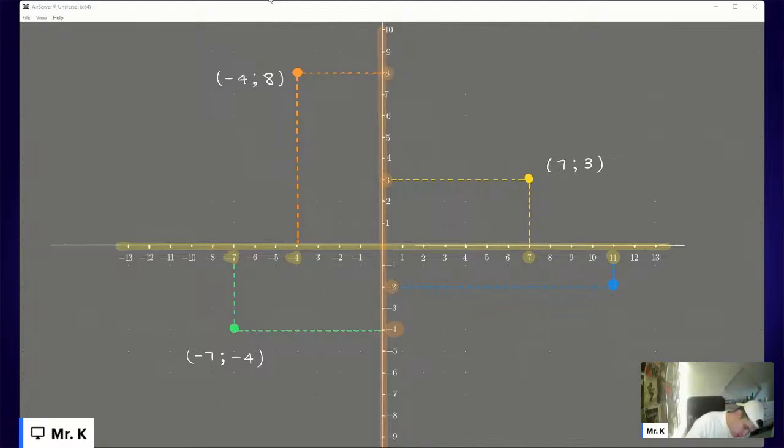So when we try and write the coordinate for this point, we can see that our x value over here, according to our x-axis, is positive 11. So you can just write the number 11 as is, followed by a semicolon. Our y value is -2 over here, right? So we are going to write the value -2, making sure that we are very careful to include the negative symbol.